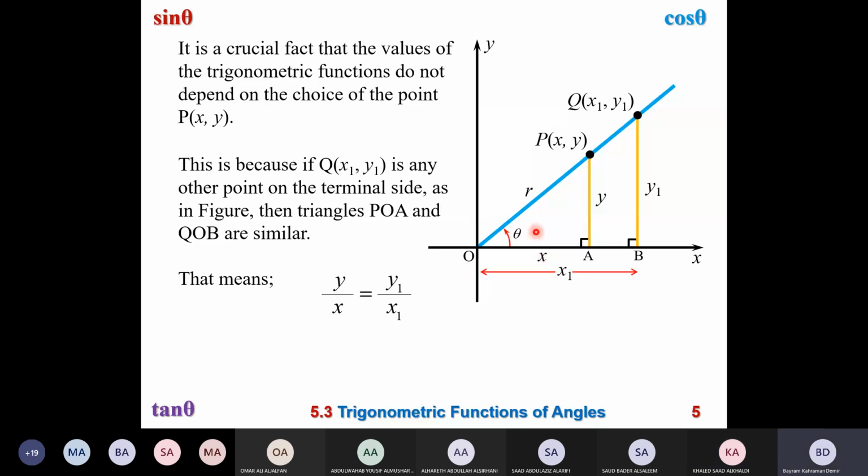But these ratios will not change because we are talking about the same theta. So y over x will be the same as y1 over x1. Or if somebody chooses any other point, again, y over x will not change. The ratio will always be the same. It's a nice property of these trigonometric ratios.